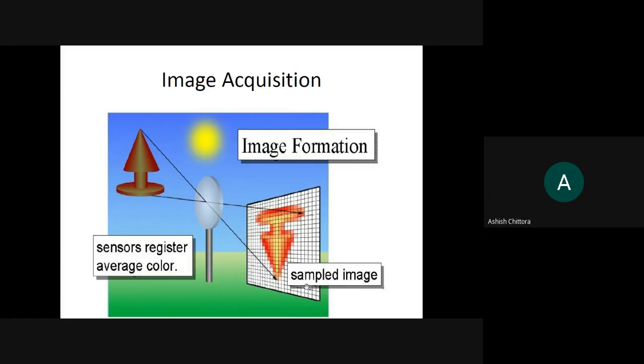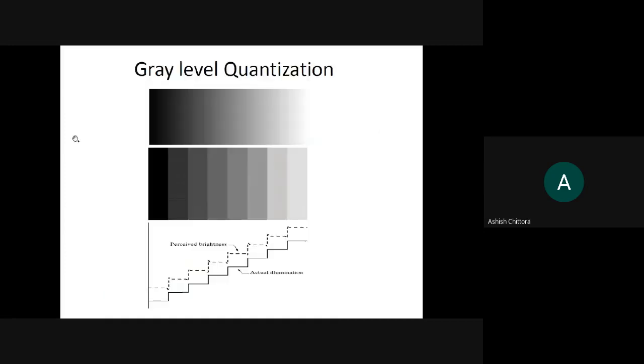So there is sampling involved here, sampling in space as well as in intensity. Here you see a continuous gray level from black to white. This gray spectrum is a continuous spectrum from pure black to pure white.